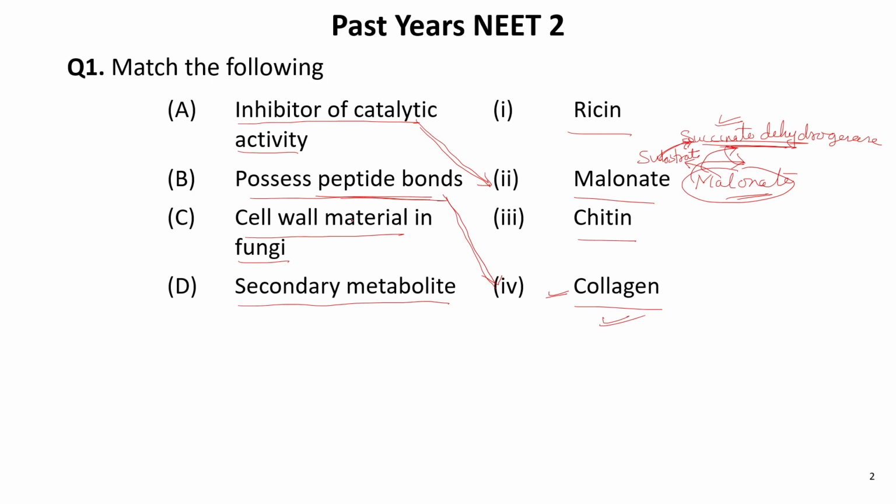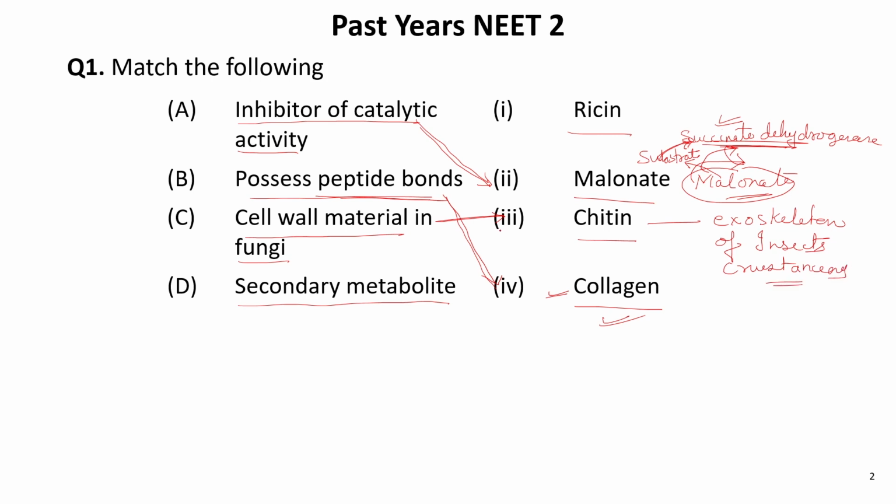Cell wall material in fungi. This is very, very important. Chitin. The cell wall material in fungi is made up of chitin. Chitin is also present in the exoskeleton of insects and crustaceans, or we can say the exoskeleton of the arthropods.